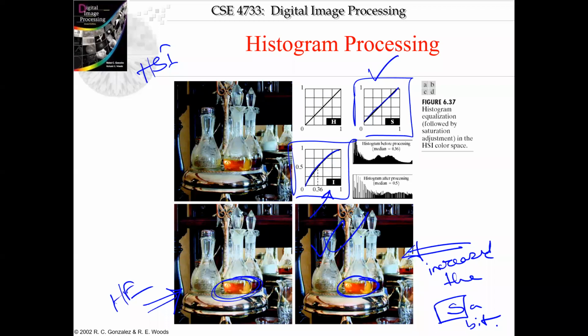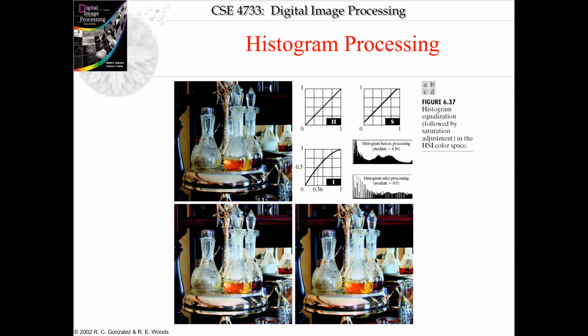Yes, I understand it. Okay. That means the first output is the output of histogram equalization, and the second output is the output with a little bit of enhancement on the saturation part. That's why you can see it says followed by saturation adjustment.